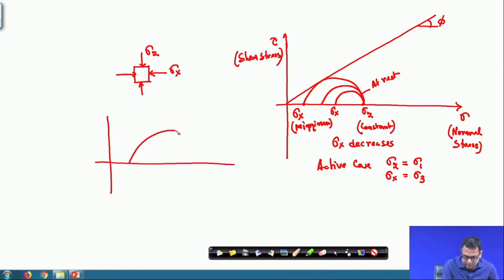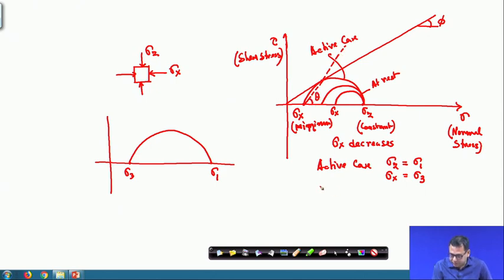This is the final Mohr circle, where this is sigma 1 and this is sigma 3, and I am talking about the active case. As I have already mentioned, if I join the point where the Mohr circle touches the Mohr Coulomb failure envelope with sigma x, this will make an angle theta.